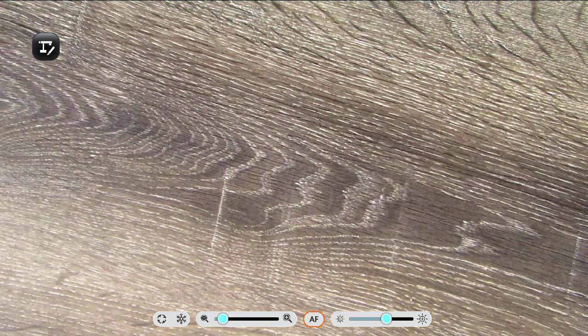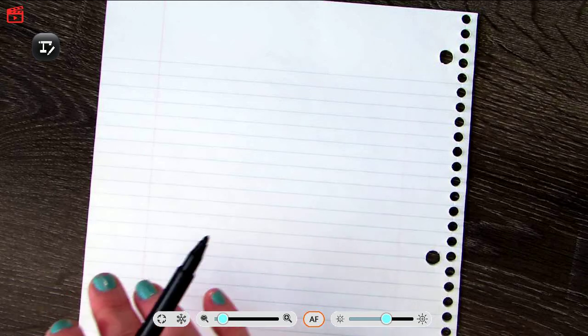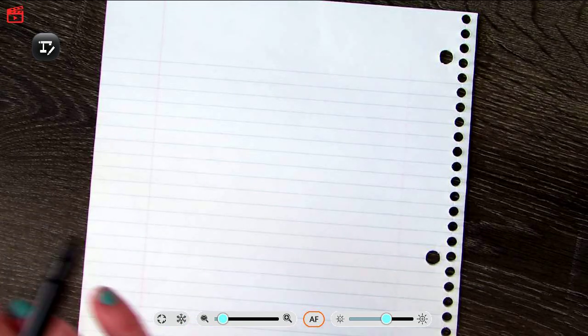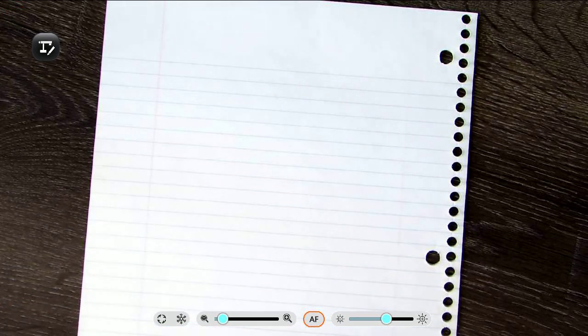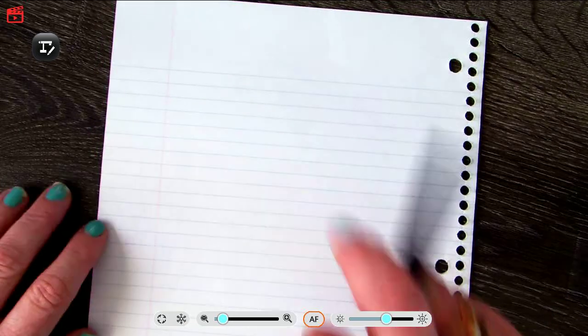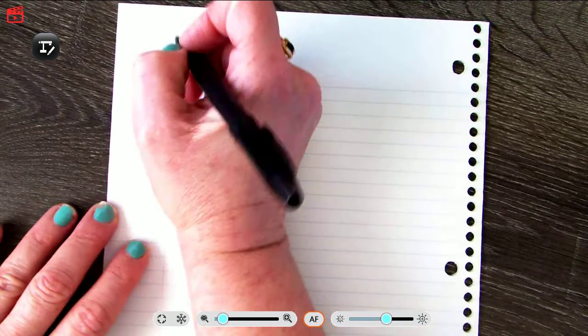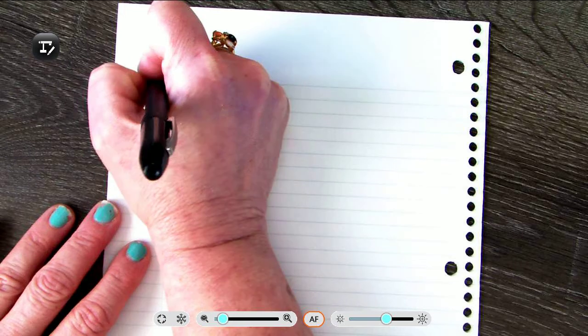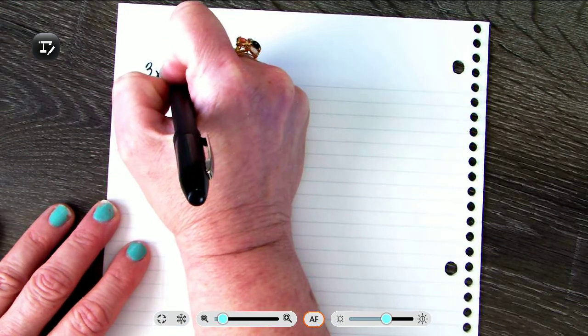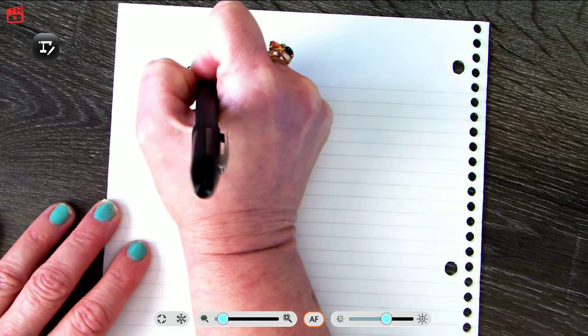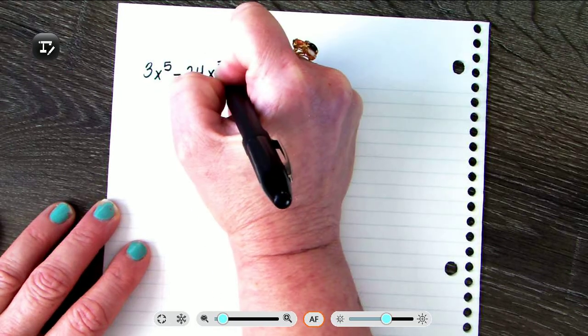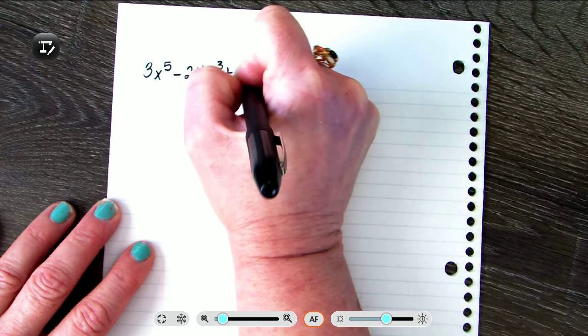All right, let's get some more paper here so we can practice another example. And let's try something like this guy, because I think I can do this one on this video still. 3x to the 5th minus 24x cubed plus 48x.